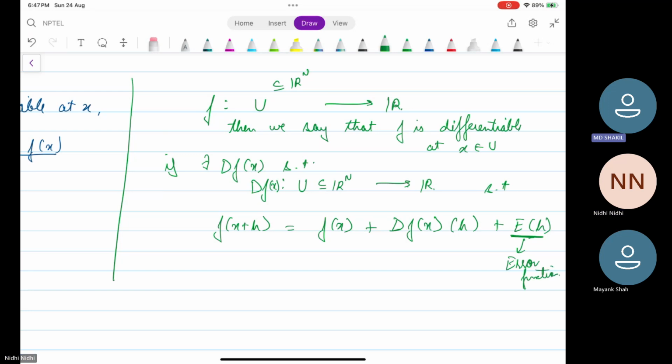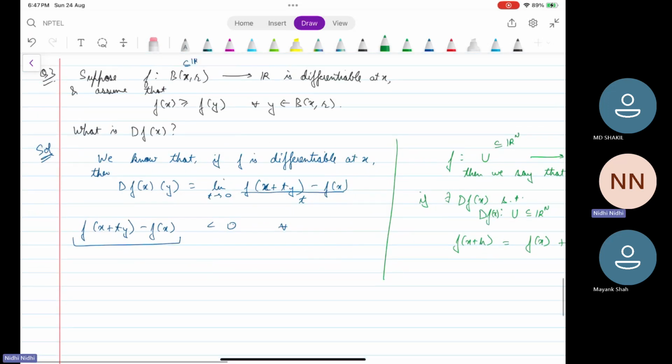So basically, in one variable, the derivative at a point used to be a real number, but here the derivative at a point x is a linear map whose domain and codomain are the same as those of the function.